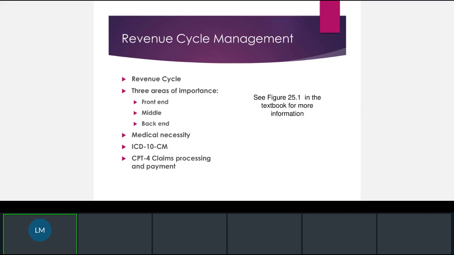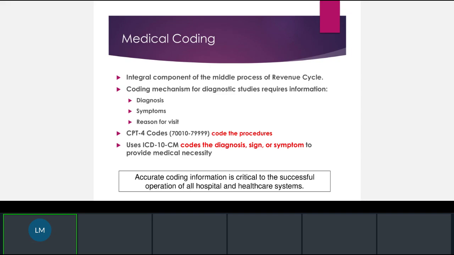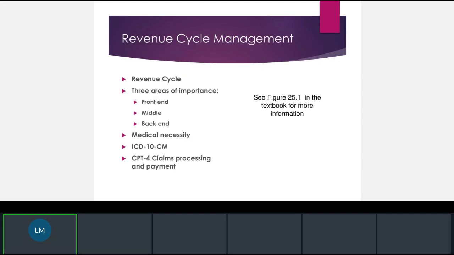Okay, and that actually came from Medicare.org. So when a physician or someone that's allowed to orders a diagnostic exam, there has to be a diagnosis, a sign, or a symptom that justifies that being done. Like we said, not only does it have to be there, but it has to correlate to what's going on.